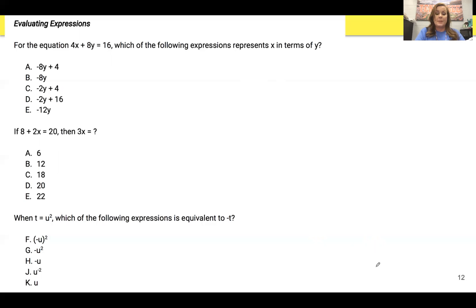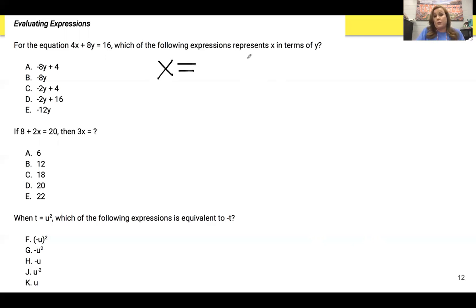on these. And so the first one, here we've got this equation, 4x plus 8y. Which of the following represents x in terms of y? So what this is asking you to do is rearrange this equation. Instead of y equals, they want it to be x equals.